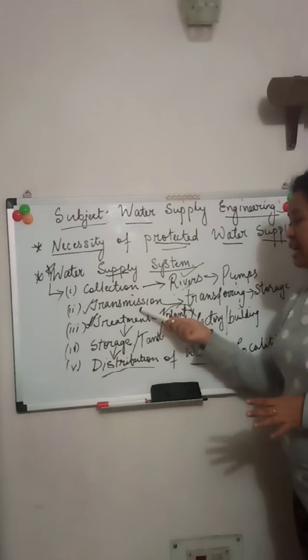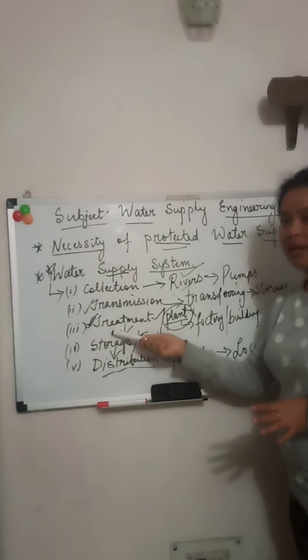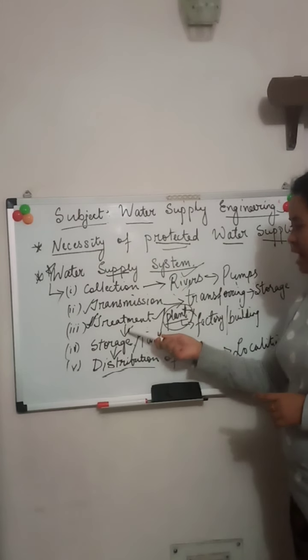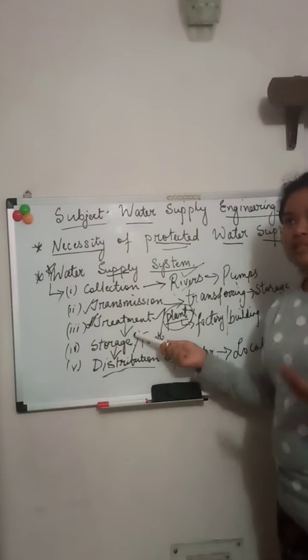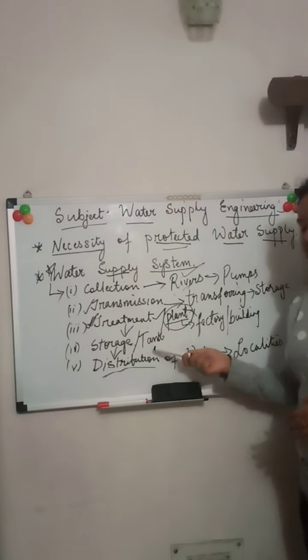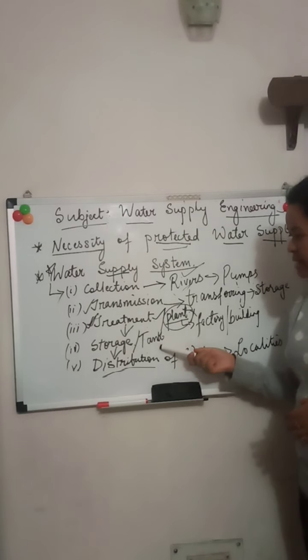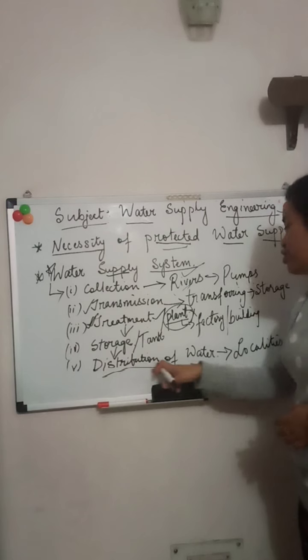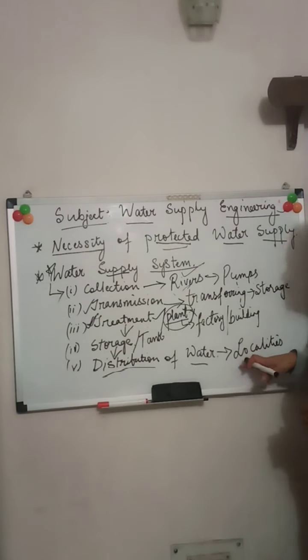Either you can transmit it directly to the treatment plant, or you can store it first, then transfer it to the treatment plant. After treating the water, which is found to be safe and fit for human consumption, we store the water again in the tanks.